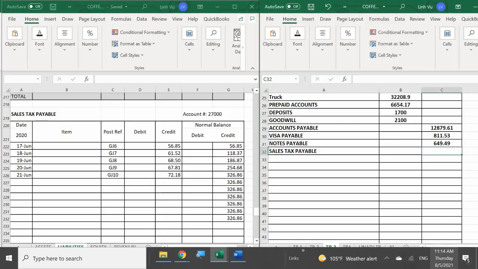How much do I owe in sales tax? $326.86.